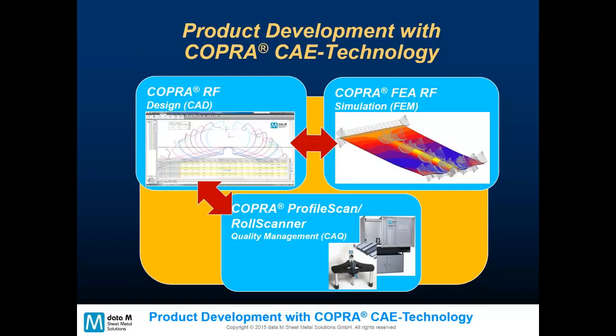For accuracy, we can also use this for reverse engineering, for feeding back our roll tool geometry of legacy projects whereby we may not have any CAD data any longer, to the Copra system, again then for subsequent verification, simulation with Copra FEA RF. So that's a little bit about the Copra computer aided engineering technology.